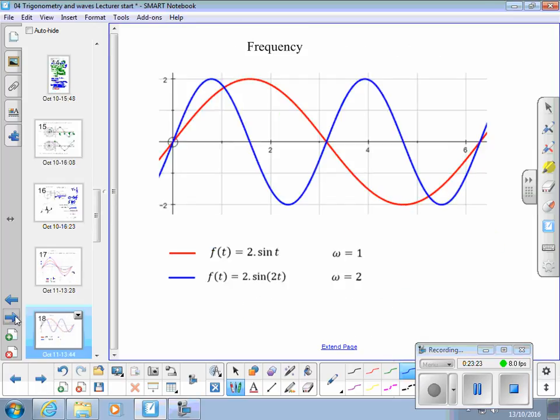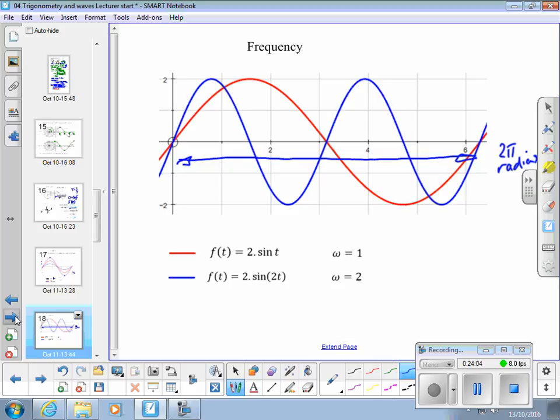Next, frequency. If omega is equal to 1, we complete this cycle from there to there in 6 point some odd, that's 2 pi radians. If I make omega 2, we get 2 cycles in the same distance, twice the frequency.